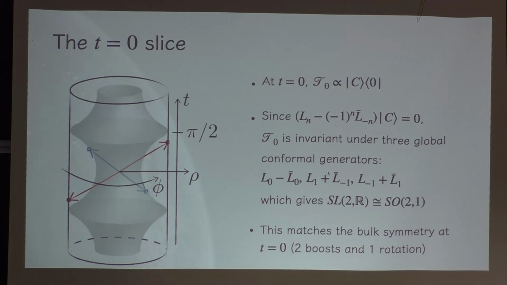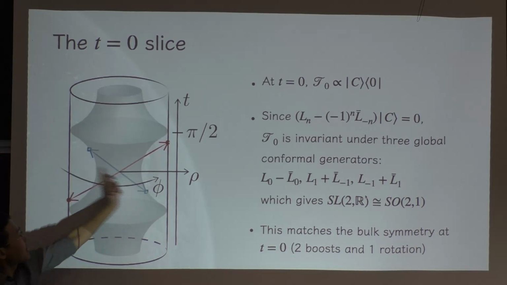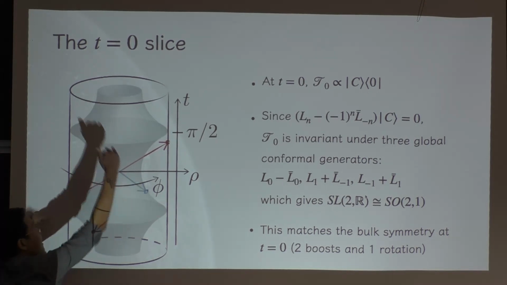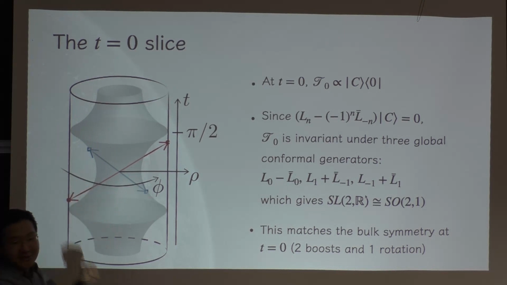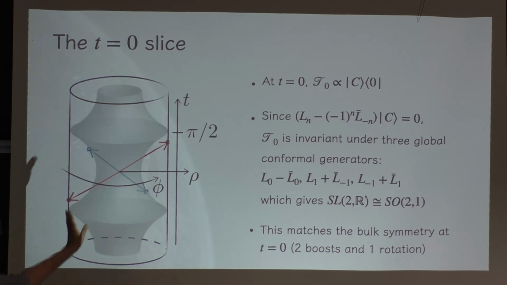If you look at these three, they form SL2R, and this SL2R is exactly the symmetry of the t equal to 0 time slice here in the bulk. That is one rotation here and two boosts here. Sorry for my bad gesture, but you can check the symmetry matches in this t equal to 0 slice.